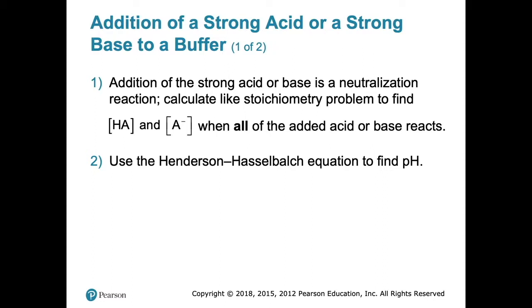So the addition of strong acid or base is a neutralization reaction. You can calculate the stoichiometry problem to find the concentration of the acid and the conjugate base when all of the acid or base reacts, right? And then to find that pH, we'll use the Henderson-Hasselbalch equation, right? Because all you need for Henderson-Hasselbalch is the Ka and the conjugate base over the acid, right? Or the base over the acid, okay?